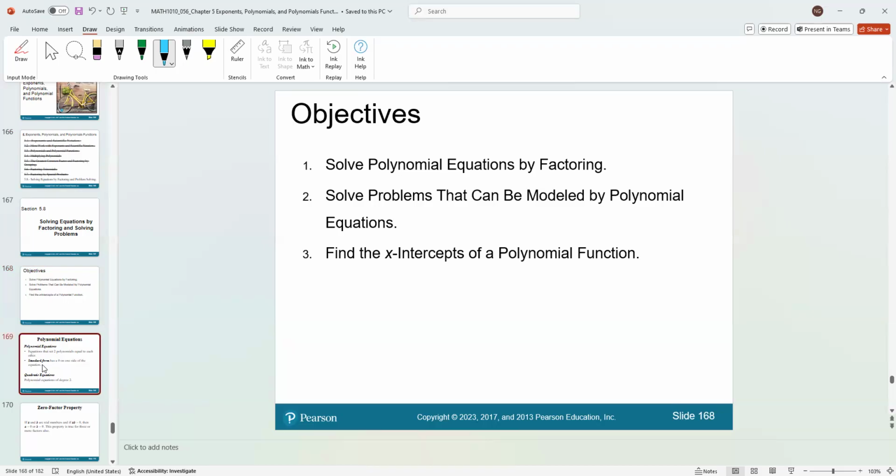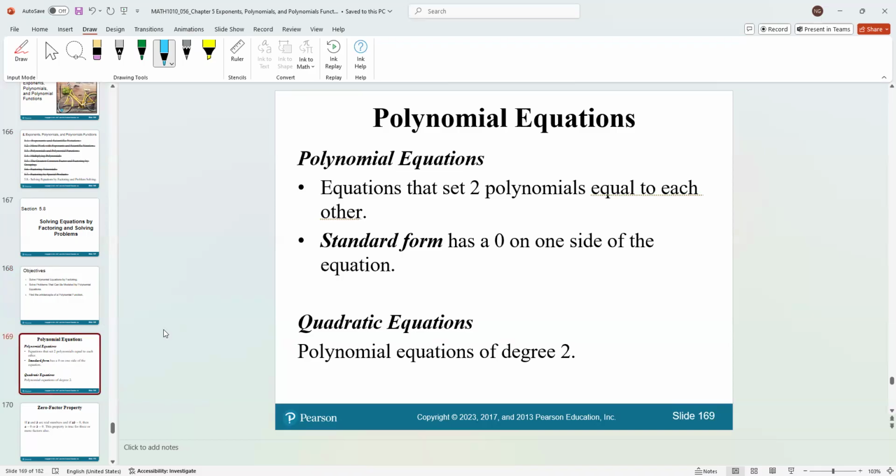Now, a polynomial equation is the result of setting two polynomials equal to each other. That might be anything.